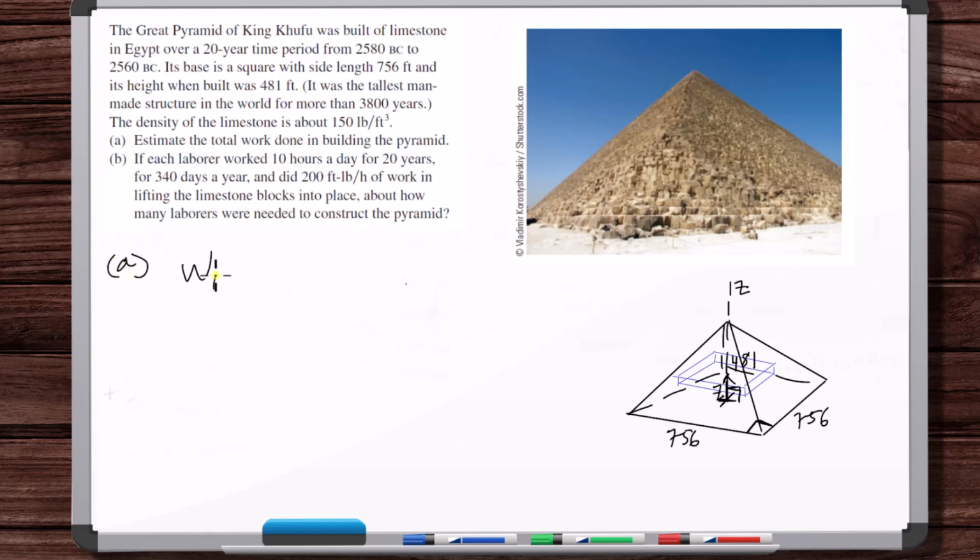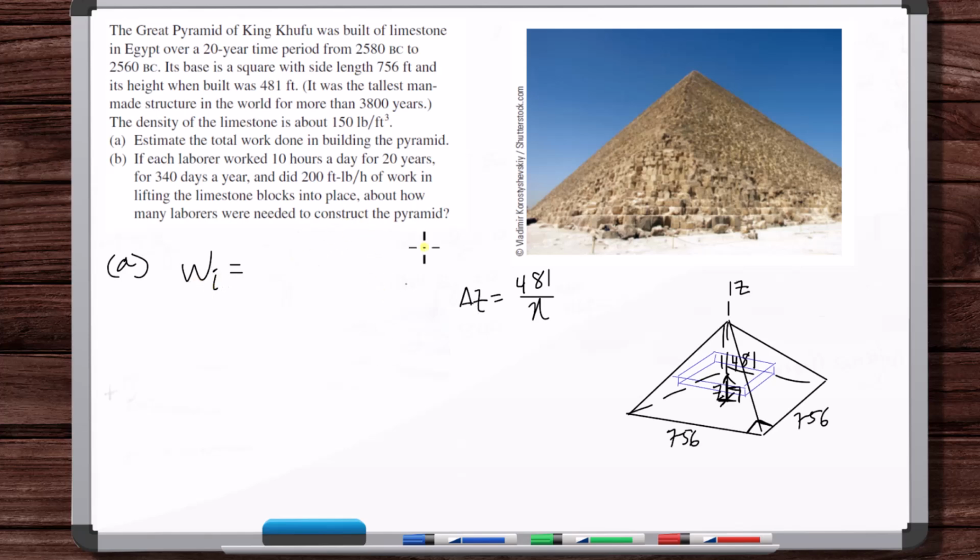Okay, so the work done in lifting the ith rectangular prism, so ith being, you separate this into pieces, delta z is b minus a, so it's 481 divided by the n that you choose, the number of pieces. So if we chose 50 of these rectangular prisms, then w of the 10th piece is what?